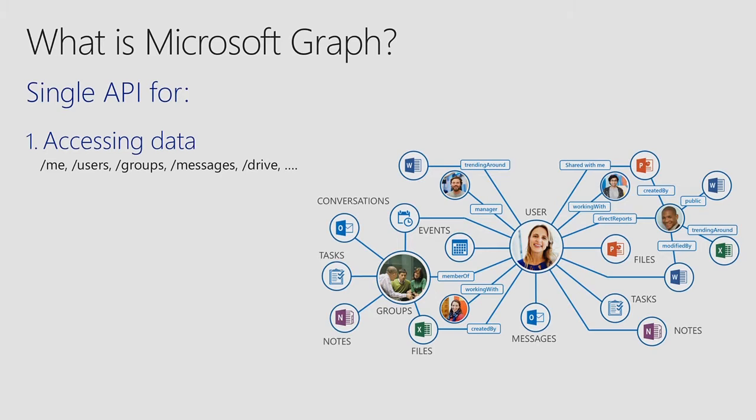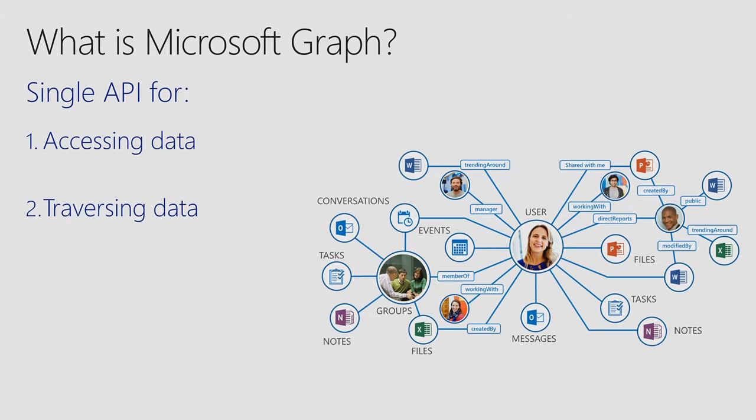We give you REST paths that get you to these different things: /me being the authenticated user, other users in your organization, groups, messages, drives for your OneDrive, that sort of thing.